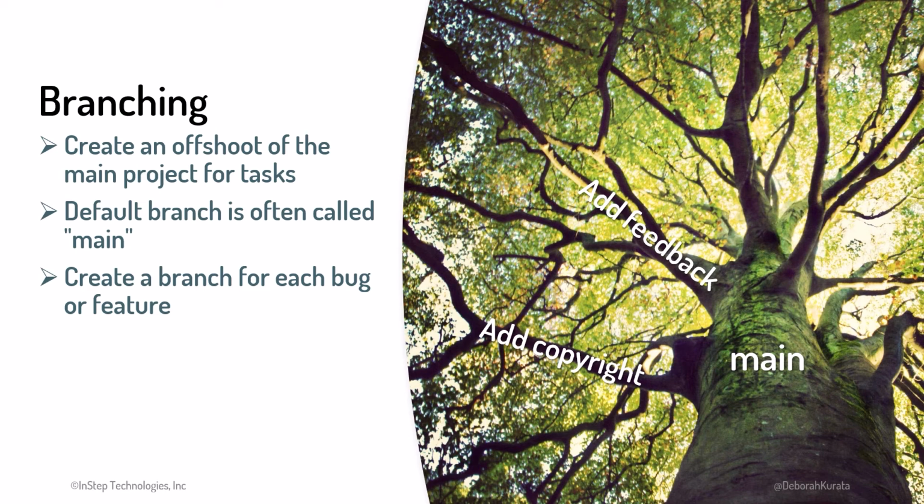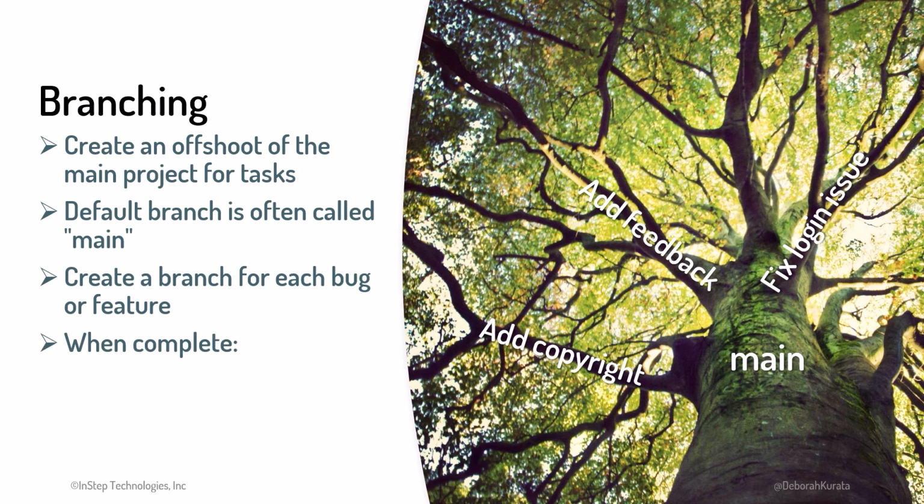Say, for example, we expect to spend a week working on the Add Feedback feature that allows users to comment on a recipe. As we work, we commit our edits to the Add Feedback branch. Suddenly, we receive notification from our users that the login isn't working. We create a new branch to fix that issue without impacting our partially complete work.